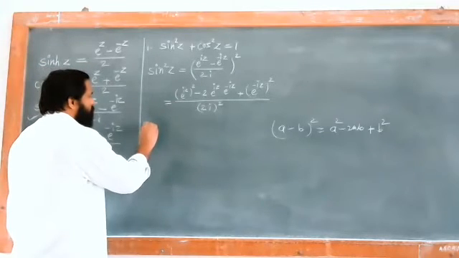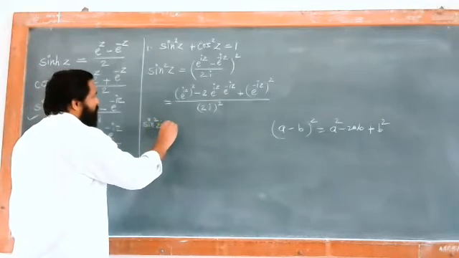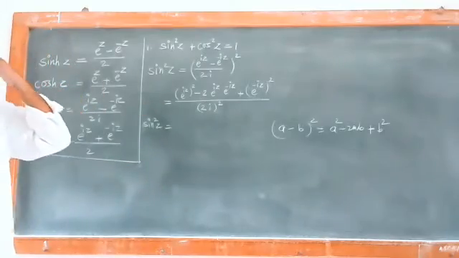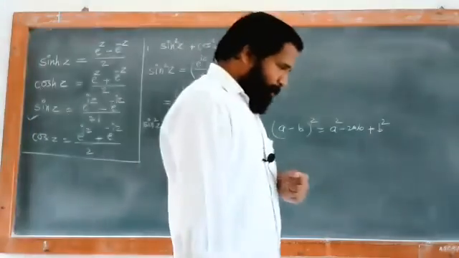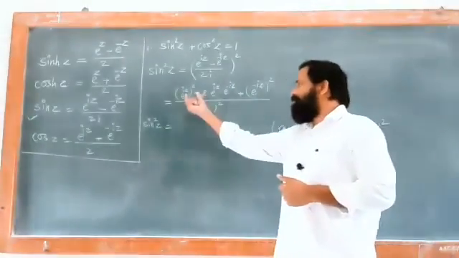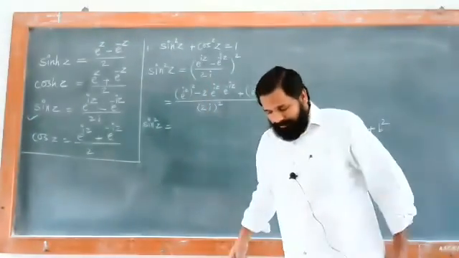So you can have this, that is sin square z is equal to, what about e raised to iz squared? How can you write that?